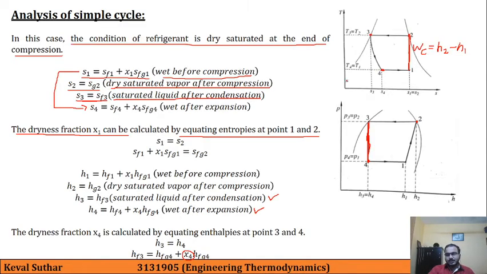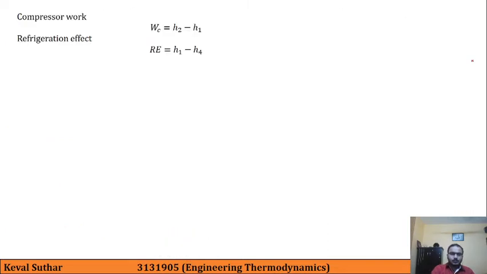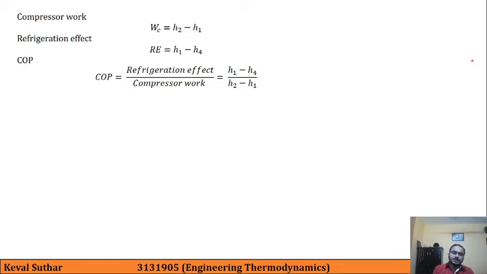The refrigeration effect RE is equal to H1 minus H4. So we can calculate COP, which is the ratio of refrigeration effect to compressor work. This is the way we can calculate the COP.